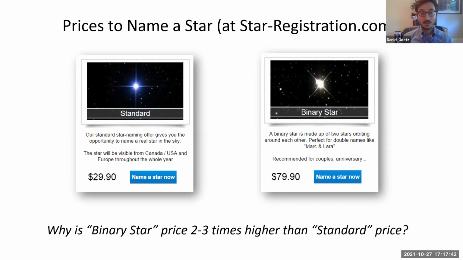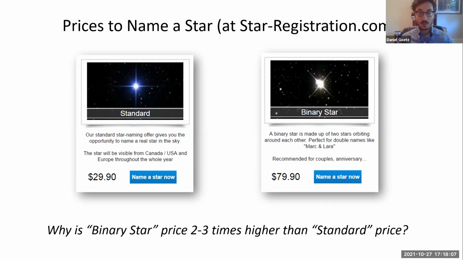Yeah, so if you're buying a star, odds are you're doing it as a gift. And if you're doing it as a gift, it's probably for someone. So if you're buying it for someone you love or someone you like, then it's more fun to have it be a binary star, right? More marketable to couples, right? Actually, so it's kind of reflecting demand features.